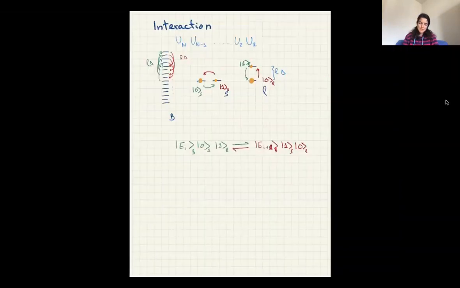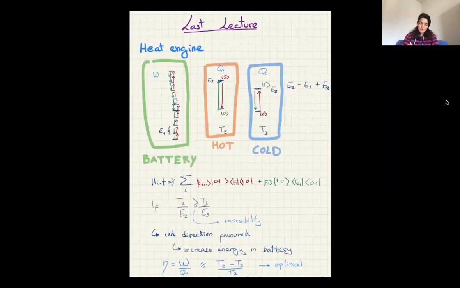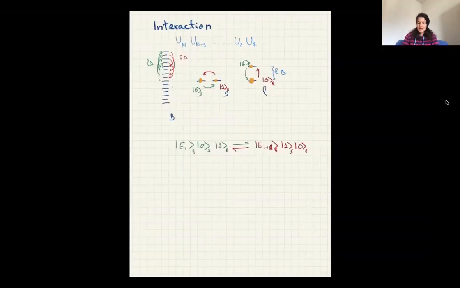So I'm more in the regime of the heat engine, but with one of the qubits being degenerate. Then I want to engineer things such that the green is more likely. So I pick a gap such that the probability of the initial state being the green one is higher than being the red. Then I go in this direction, up.